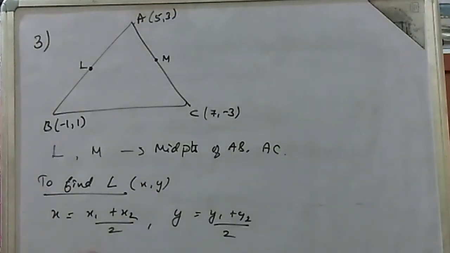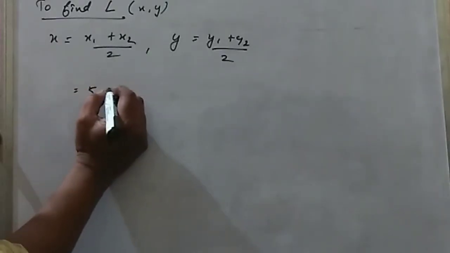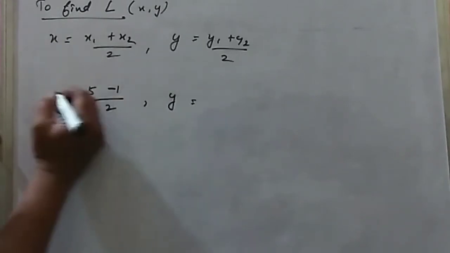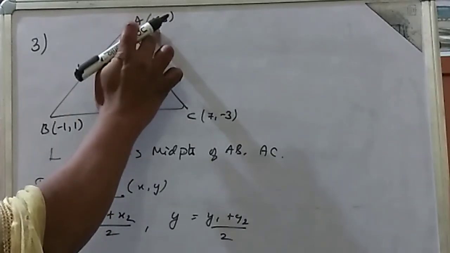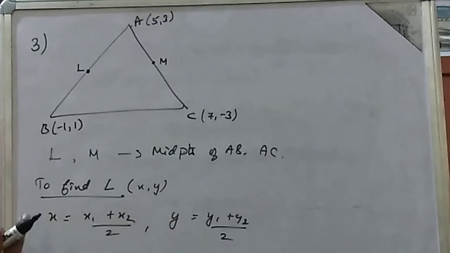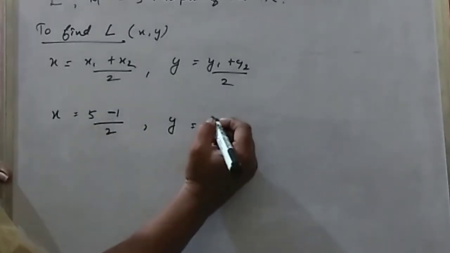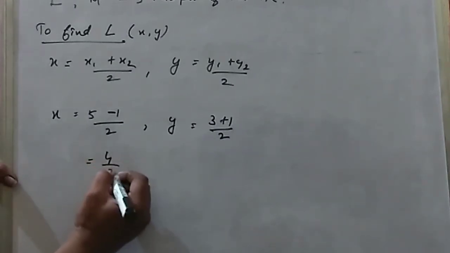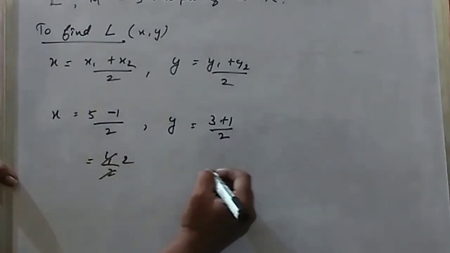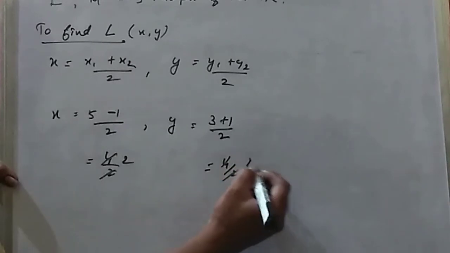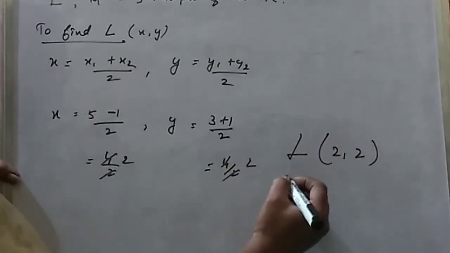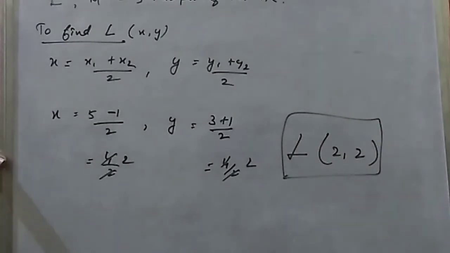Now write (5 - 1)/2 and (3 + 1)/2. You will get 4/2, cancel 2, and here also 4/2, cancel 2. So what is L? (2, 2).